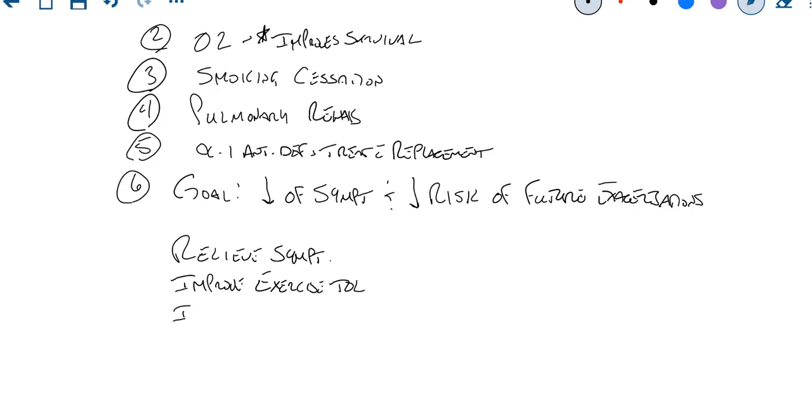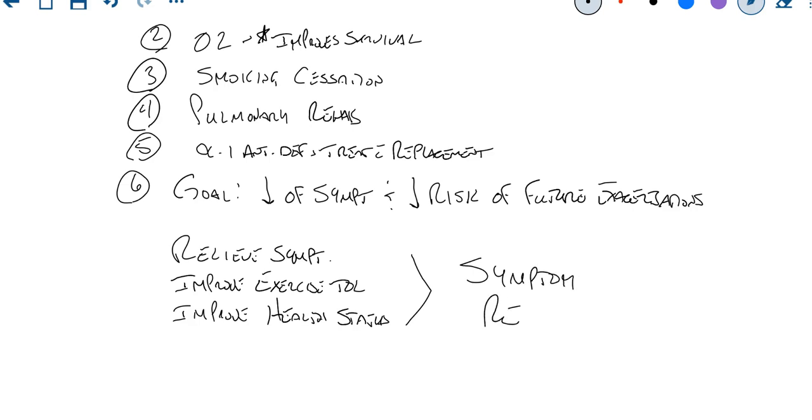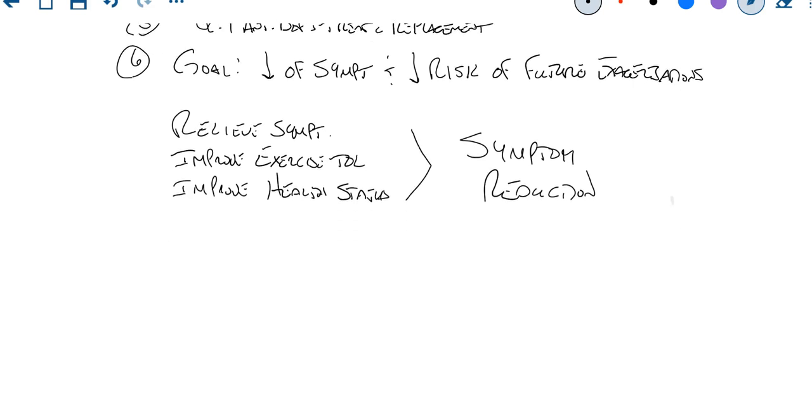And we want to improve their overall health status. So those three things are examples of symptom reduction. So if you happen to see on a test question, all of the following are examples of symptom reduction in COPD except, you know that these three are, so whatever the fourth thing is, that's not going to be it.